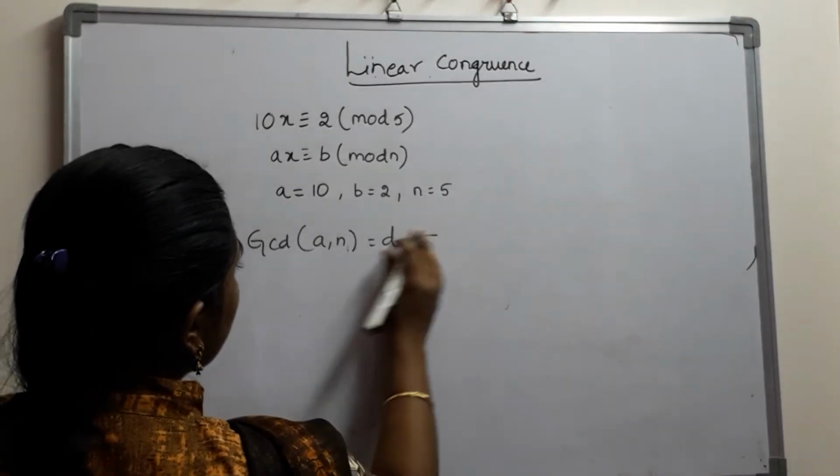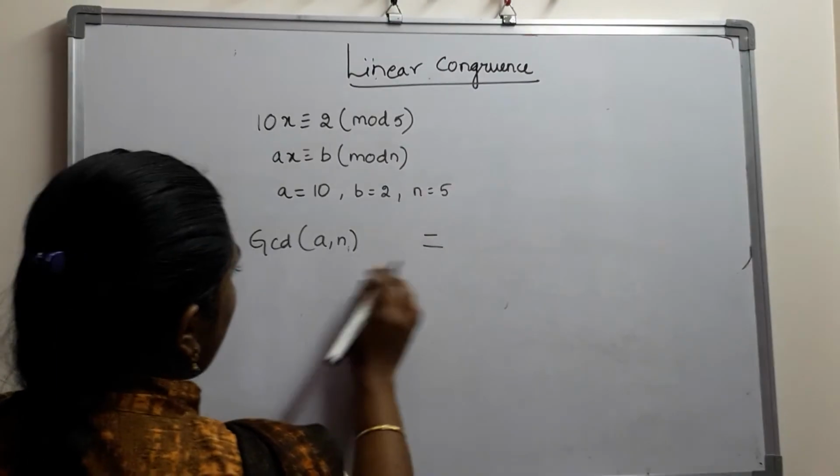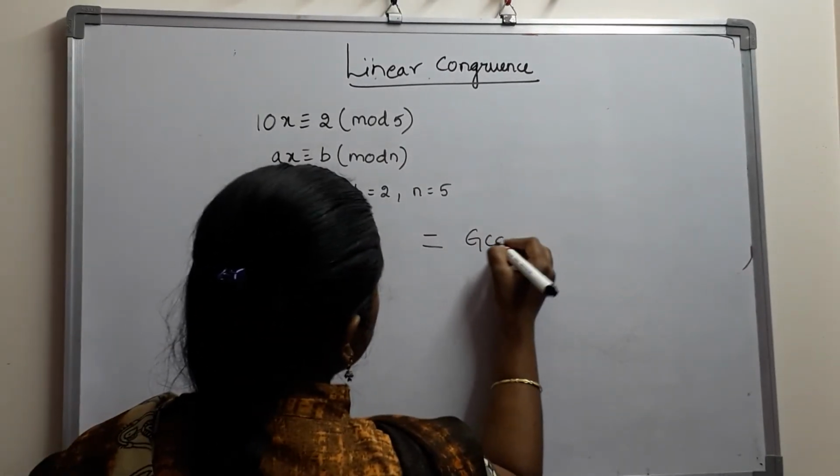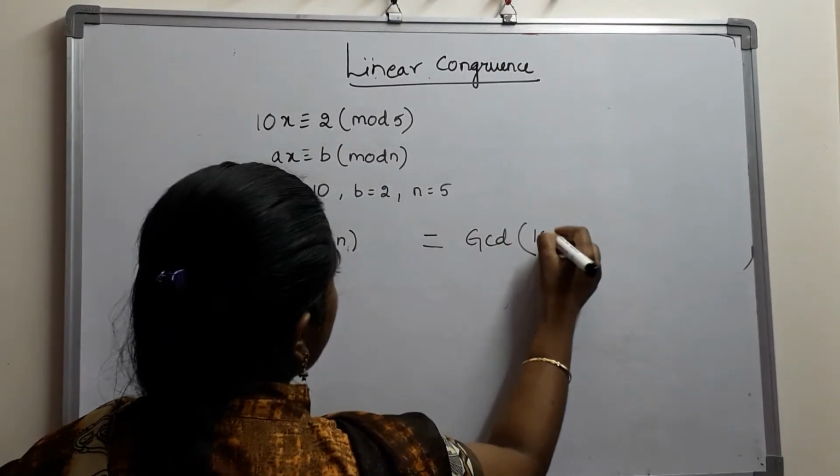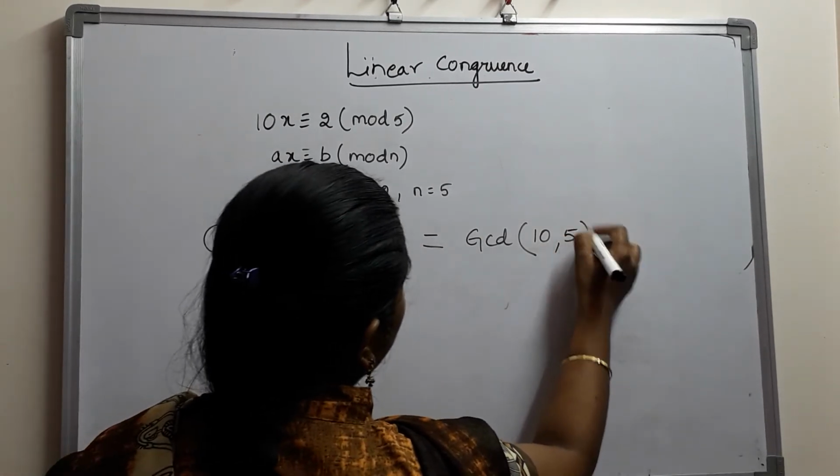So how are we going to write it? The GCD of A comma n is the GCD of 10 comma 5.